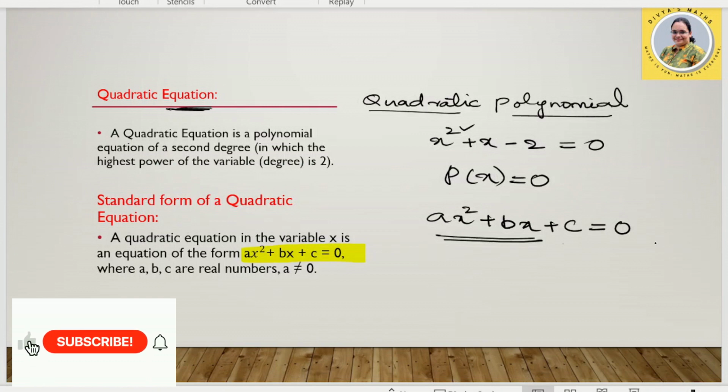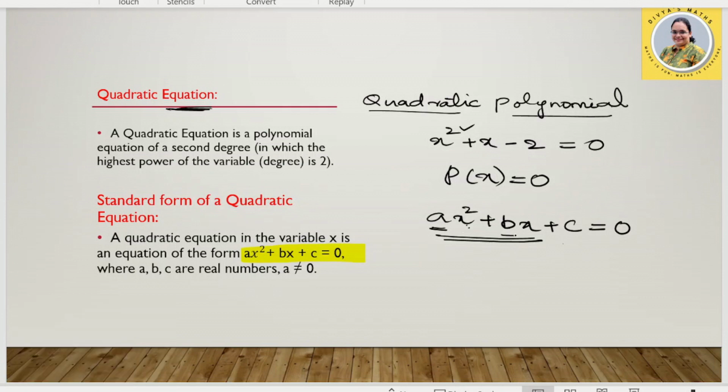It is said to be a quadratic equation where a is called the coefficient of x square, b is called the coefficient of x and c is the constant term. Here a, b and c are real numbers and a should not be equals to 0. What happens if a is equals to 0?